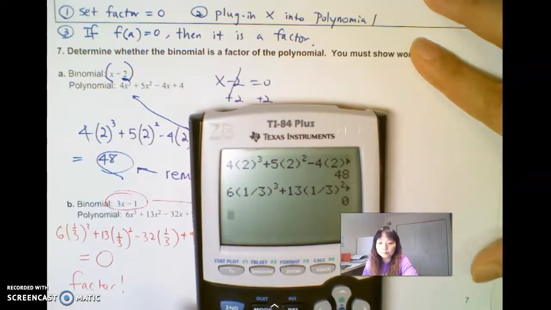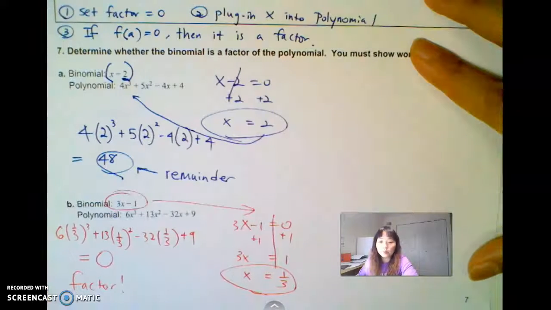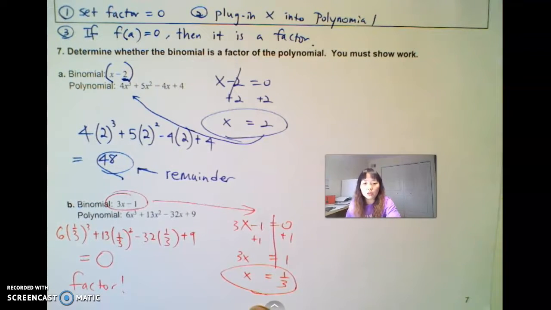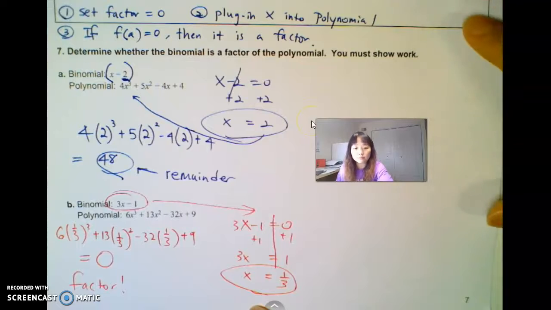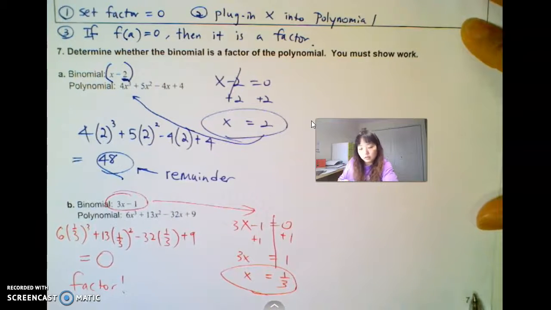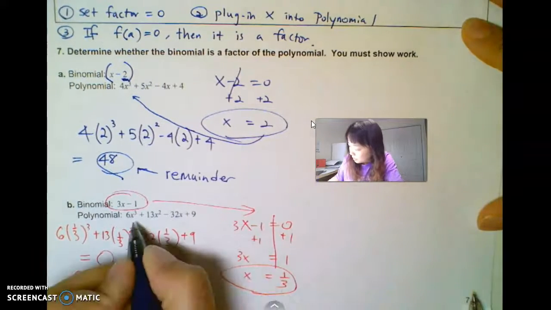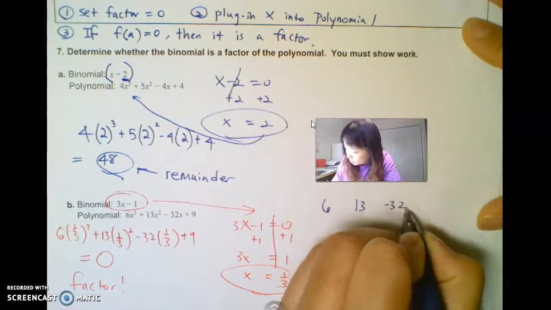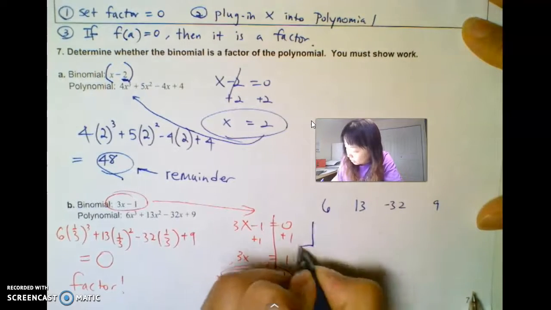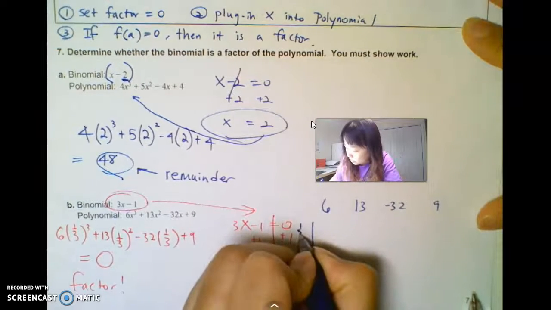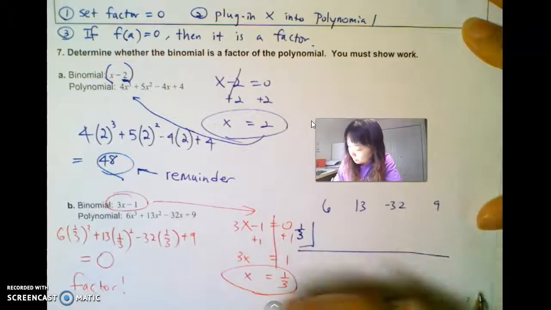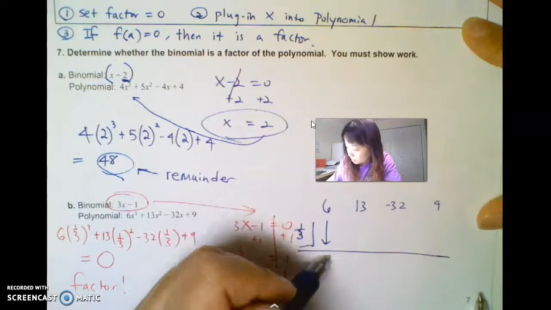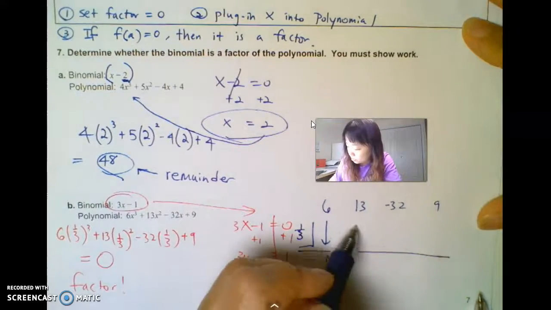Wow! Now, this was so much easier and quicker than doing the synthetic division. Let's just try one synthetic division to confirm it. If I'm doing this synthetic division, I get 6 and 13 and negative 32 and a 9, right? We're going to divide this by 1/3. Drop, so 6. Multiply, so it's 2.